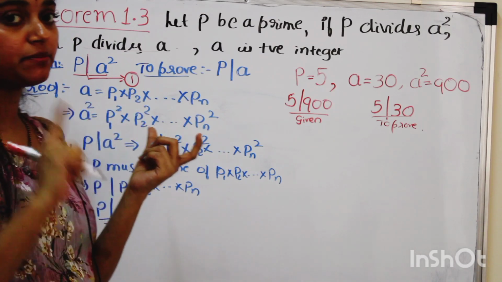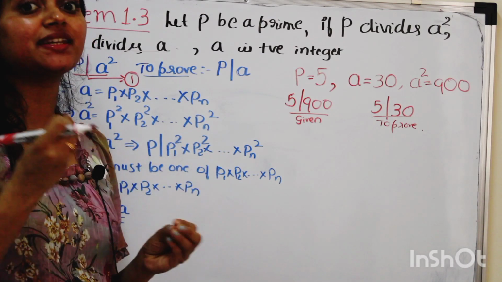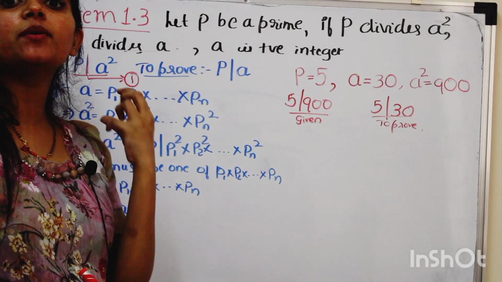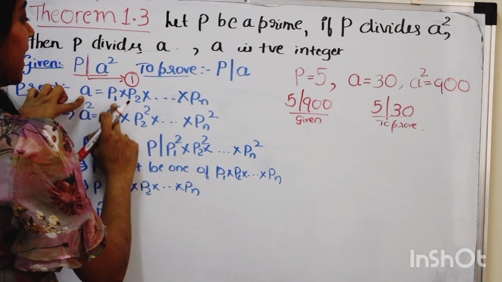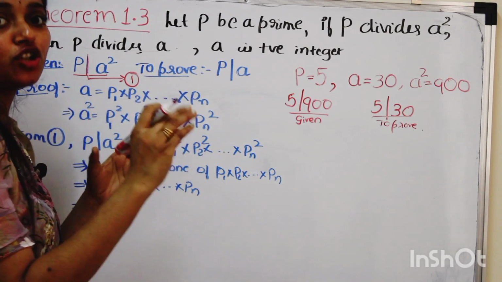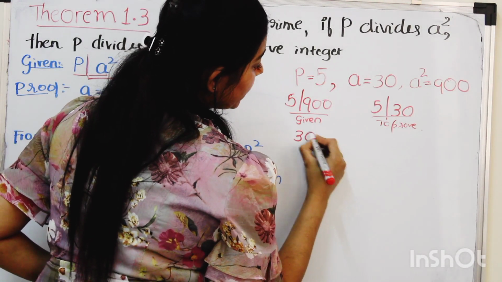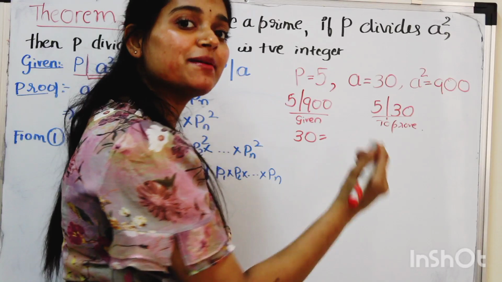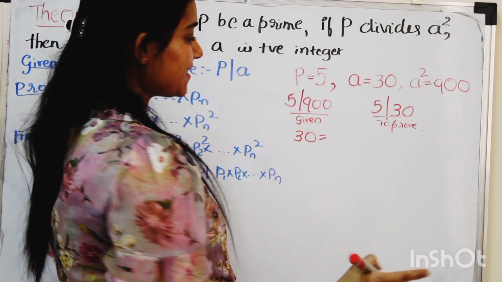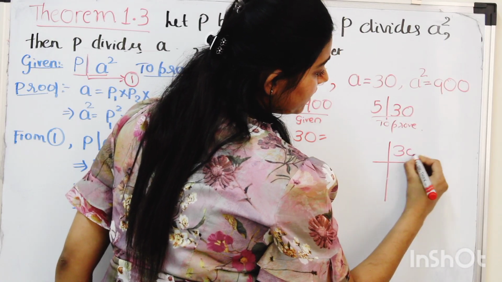The fundamental theorem of arithmetic tells us that any composite number can be written as a product of prime numbers. So here A is a composite number and P1, P2 are prime numbers. Here A is 30, so you can write 30 as a product of prime numbers. To do that, we have to find the prime factorization of 30.